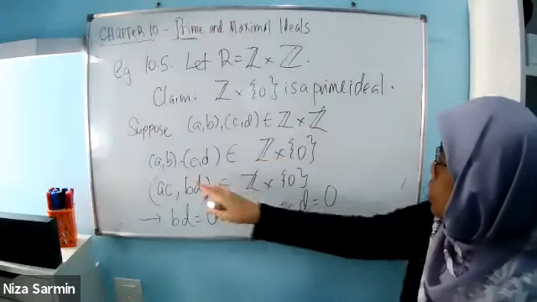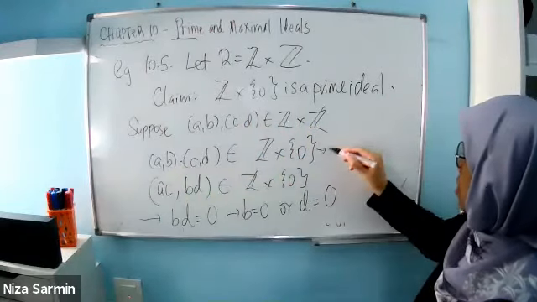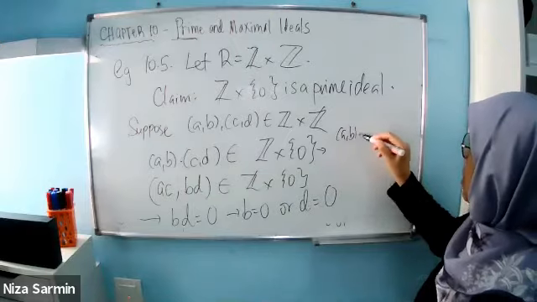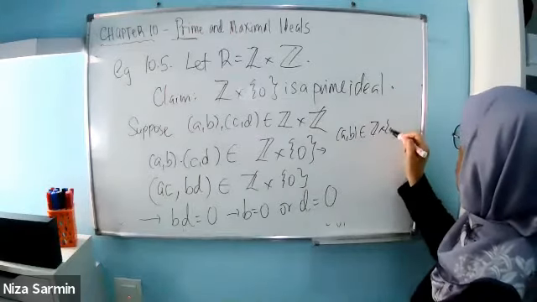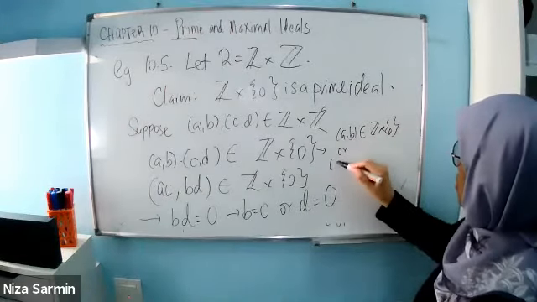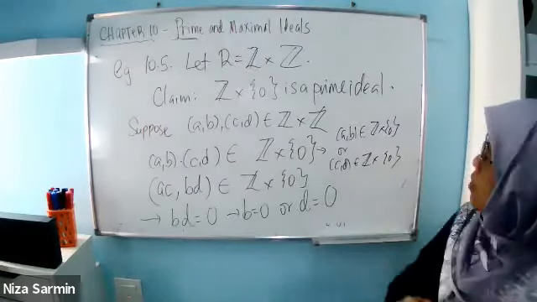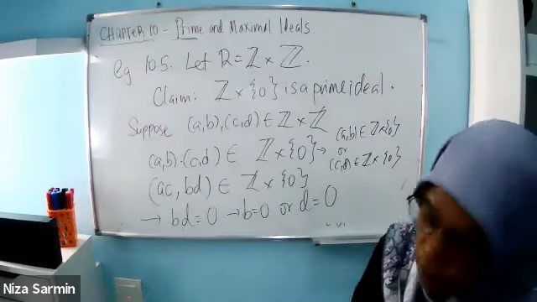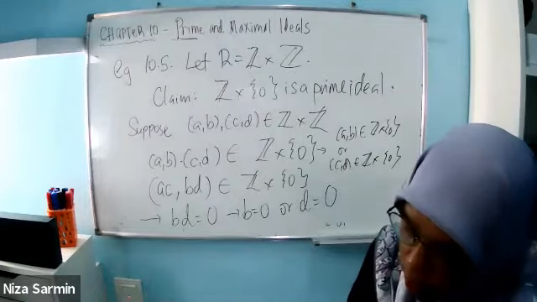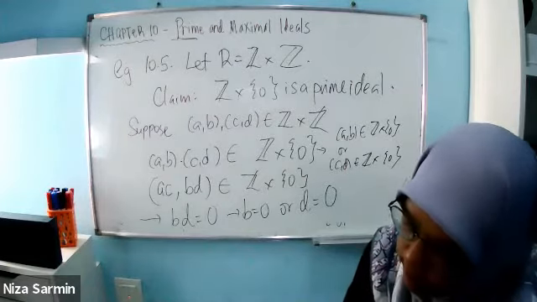So this implies AB in Z0 or CD in Z0. Right? That is the definition. Okay.